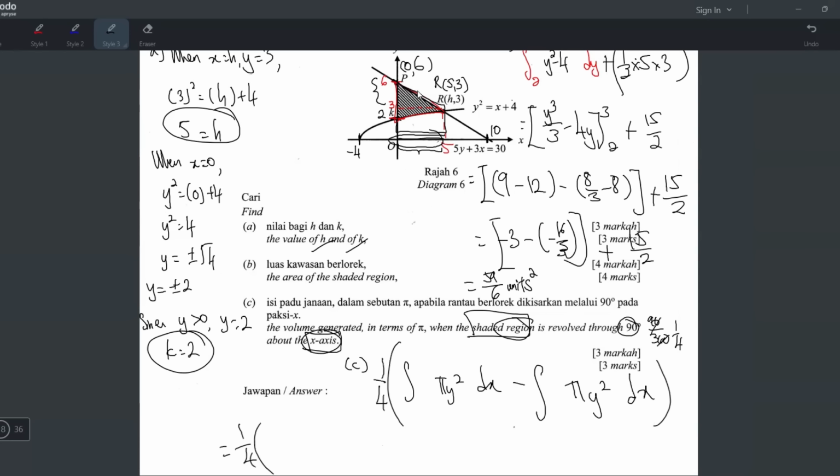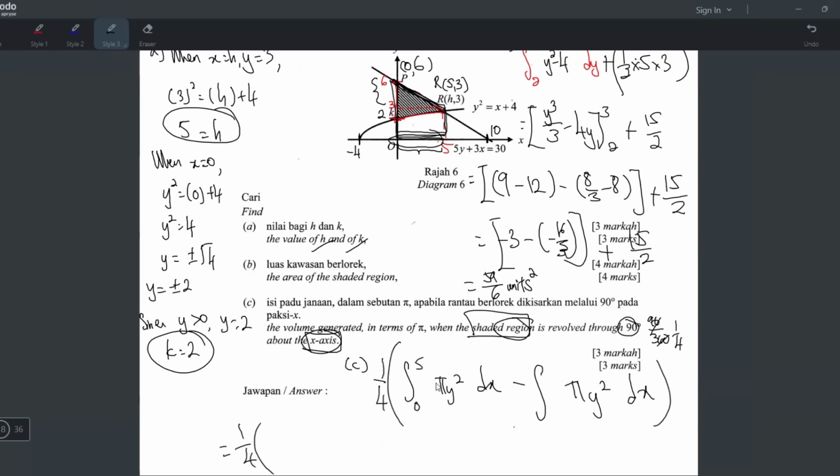Not curve minus straight line, straight line minus curve, because the region between the straight line and the x-axis is bigger, like that, the trapezium, right? But you tell me you use the trapezium formula. No, no, no, no. This is volume, not area of trapezium. So you have to use the integration method, and it will be integrate from 0 to 5, because you're using the x-axis.